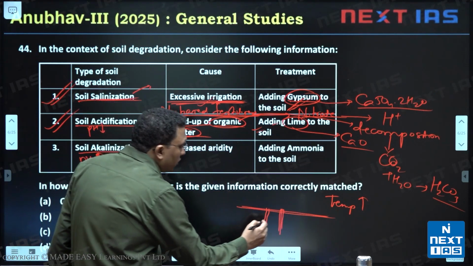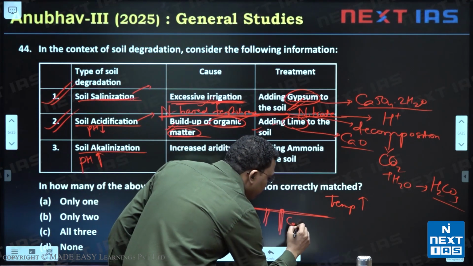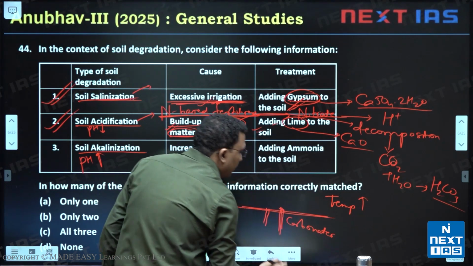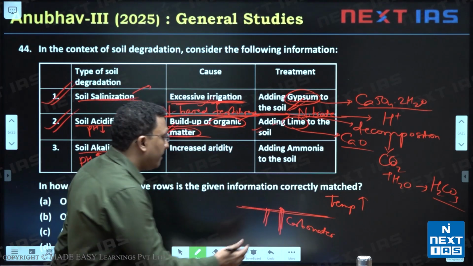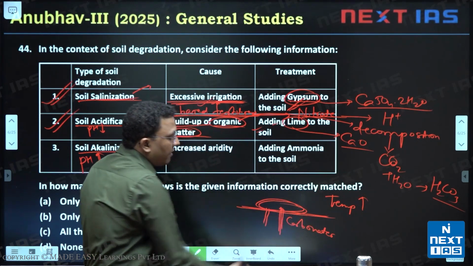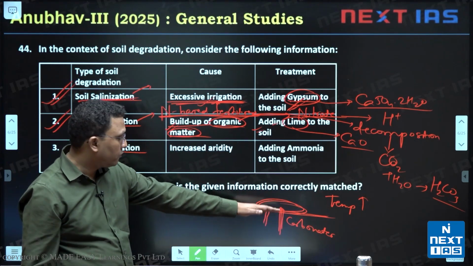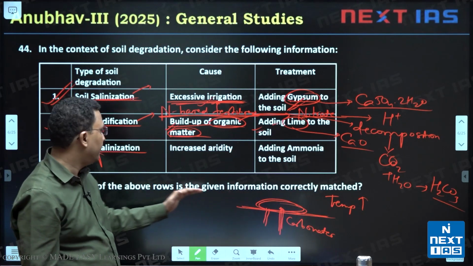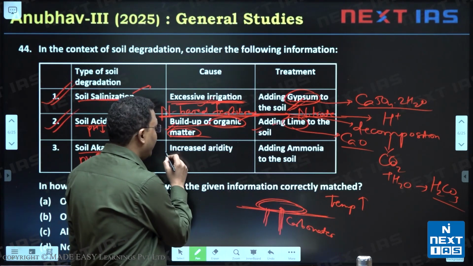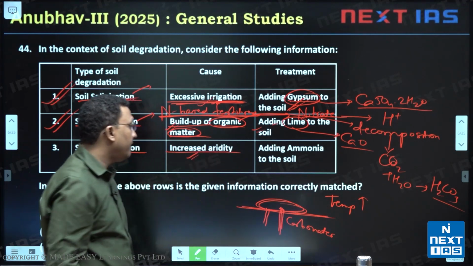So carbonates get leached upward, come to the soil surface and get accumulated, and these carbonates are basically alkaline, so they make the soil alkaline. So this is one prominent reason of soil alkalinization, increased aridity, right?